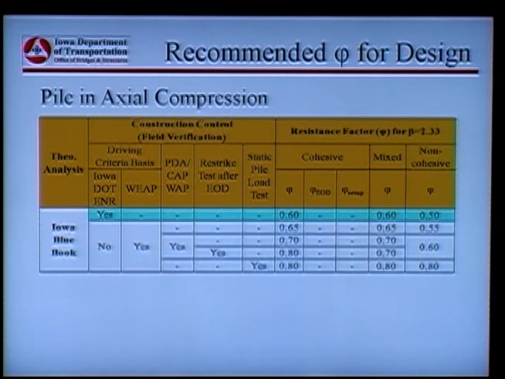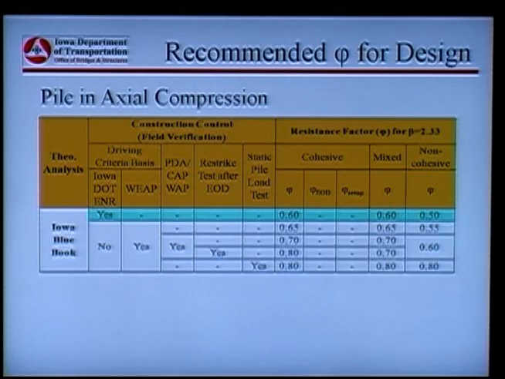All right? For example, if you use the Iowa DOT ENR formula as your construction control, and it is in the clay soil profile or cohesive materials, then the resistance factor is 0.6. All right? If you use WIP as your construction control, under the cohesive materials, your resistance factor will be 0.65.